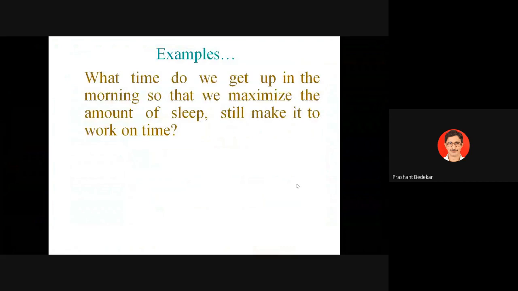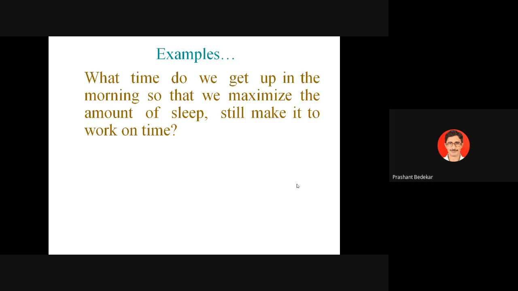Okay, let's take another example. What time do I get up in the morning so that I can maximize the amount of sleep, still make it to work on time, that is to reach college on time?